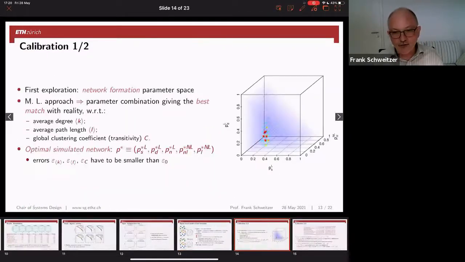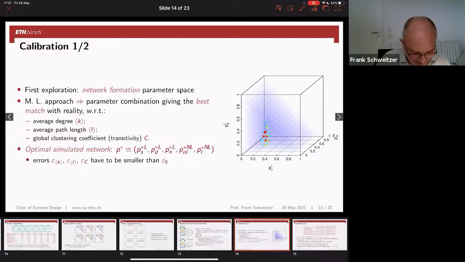So how do we do this? For the calibration, we cannot use the full data because later we want to also do a validation. So what we take from the empirical network is a few aggregated measures. I mentioned them here: average degree. That means we take the huge network of 21,000 collaborations, and then we calculate the average number of links that one firm has.